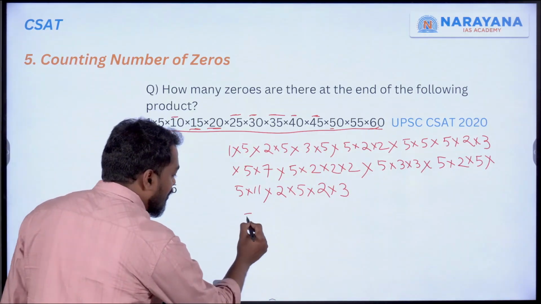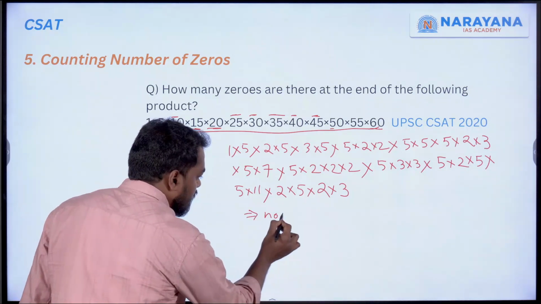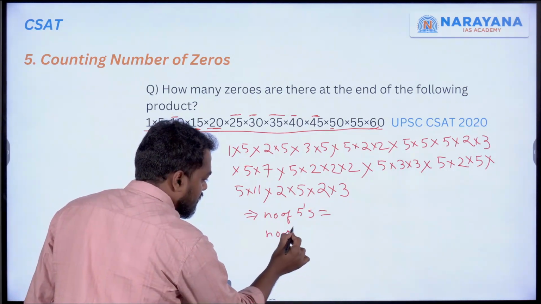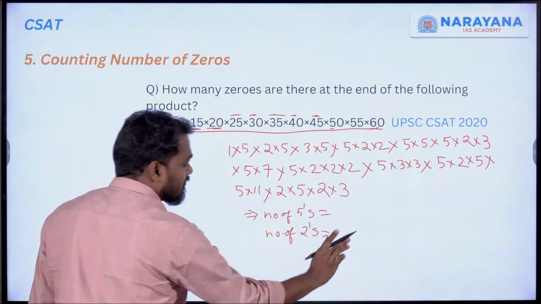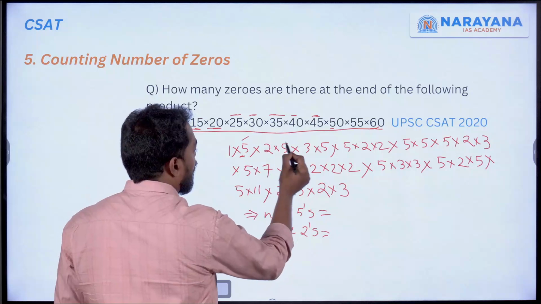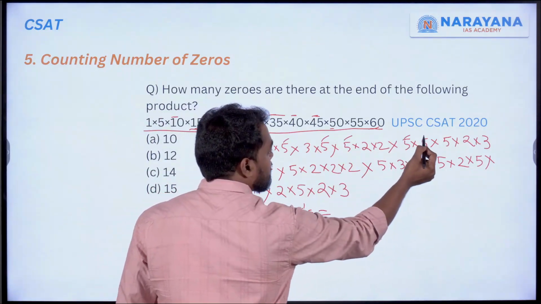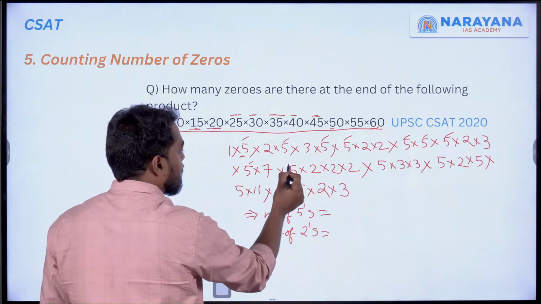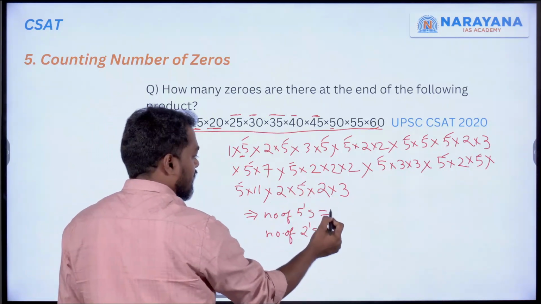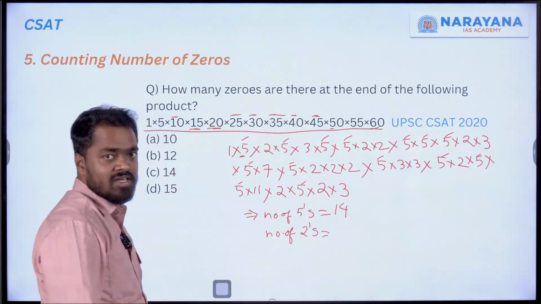Now find how many 5's are there and how many 2's are there. How many 5's? 1, 2, 3, 4, 5, 6, 7, 8, 9, 10, 11, 12, 13, 14. 14 5's are there.